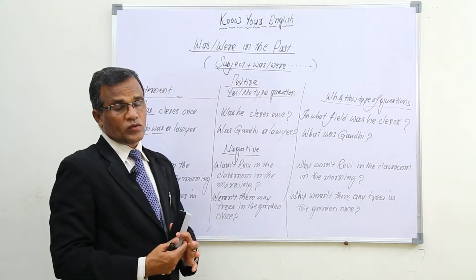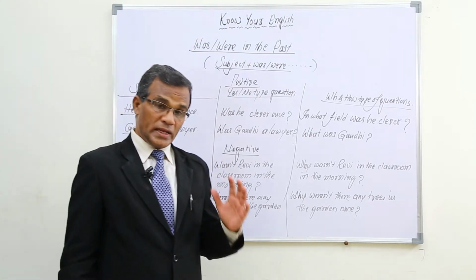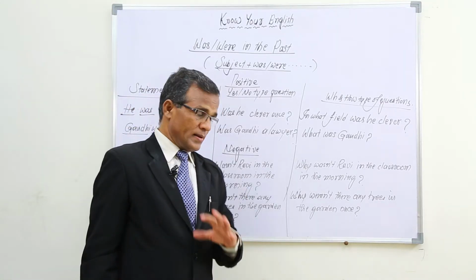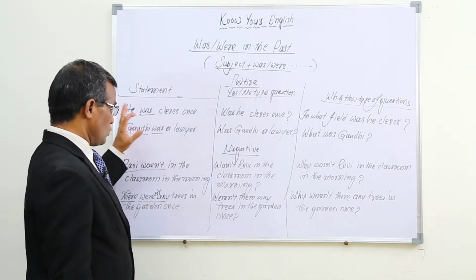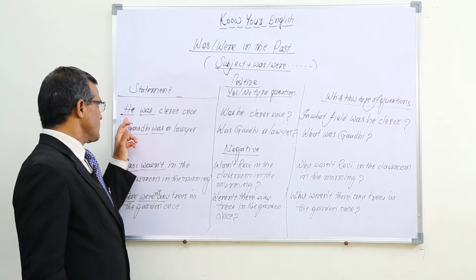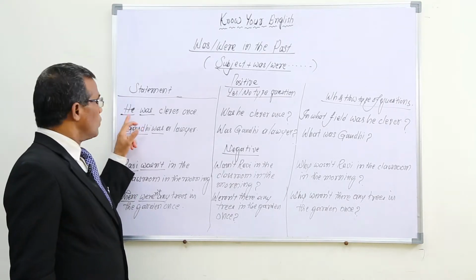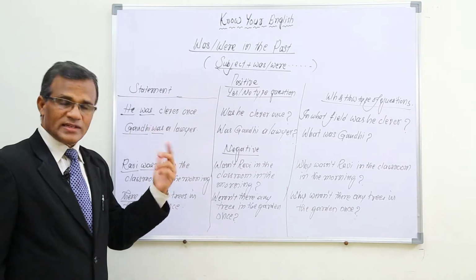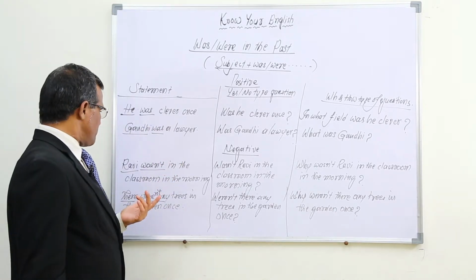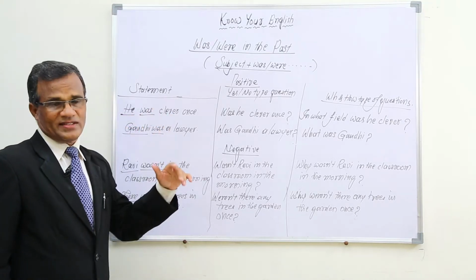And if you want questions with who, how many people, how many of you, how many of us, how many of them, simply we have to go back to the statement part only. For example, he was clever once. Simply removing this he, if you use who, who was clever once is a question. And if it is plural, who were clever once.